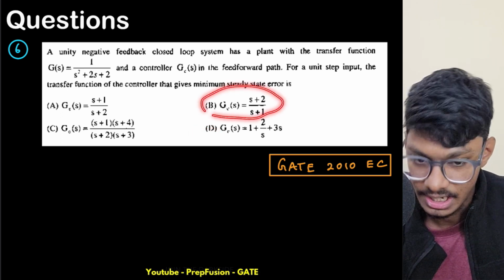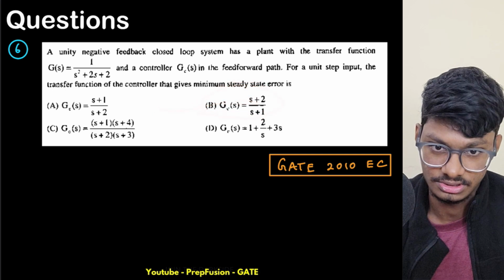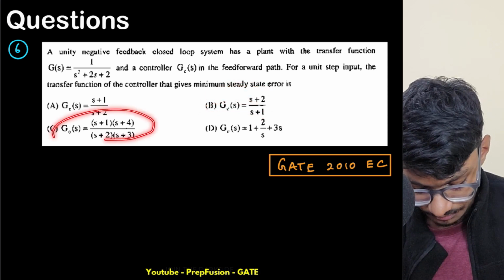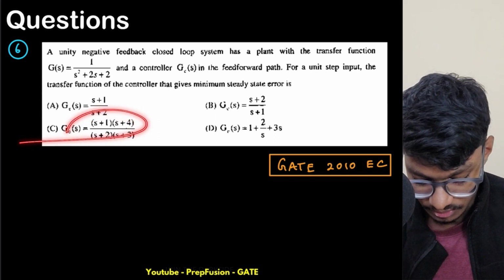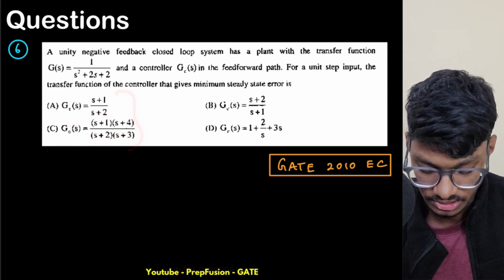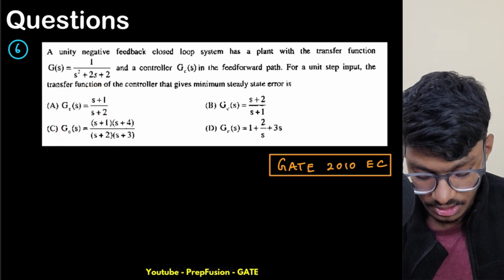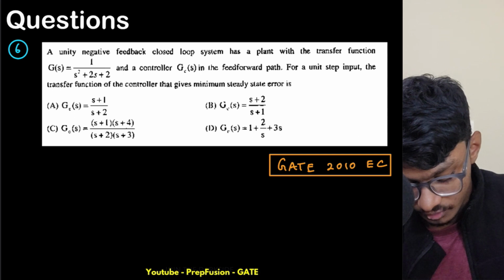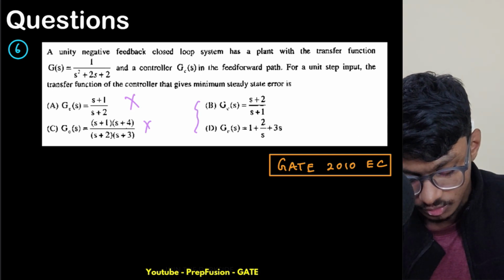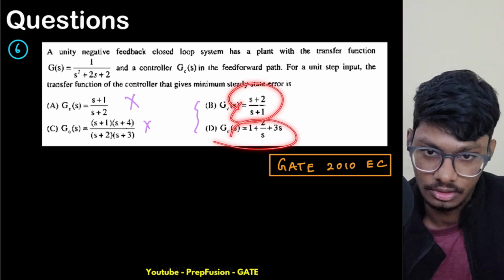Now this is a lag compensator, so this will also reduce the steady state error. And this is not a lag compensator, this is a lead lag compensator. So anyways these two options are gone, because this is a lead compensator and this is a lead lag compensator. You may be confused with this too, because this is a lag compensator and this is a PI controller.